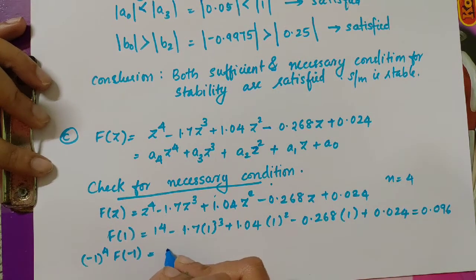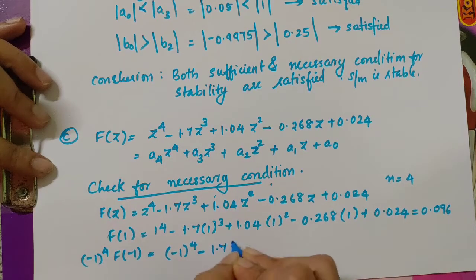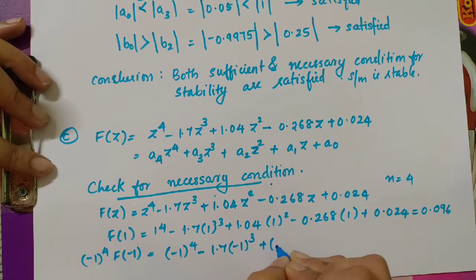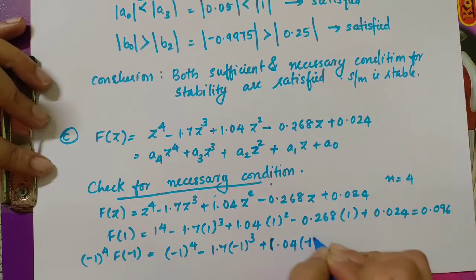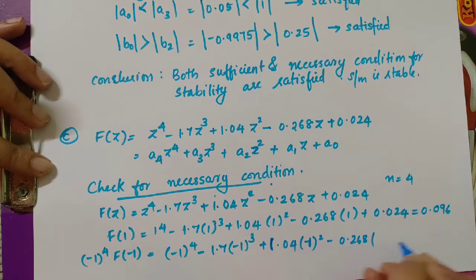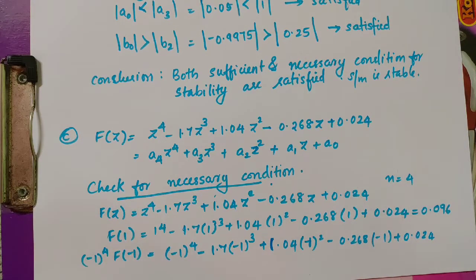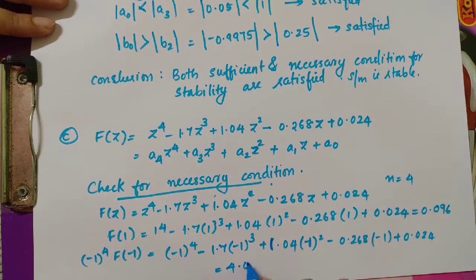So f of minus 1 is minus 1 raised to 4 minus 1.7 minus 1 raised to 3 plus 1.04 minus 1 square minus 0.268 minus 1 plus 0.024. Okay, do it on the calculator. You will get 4.032, which is greater than 0.